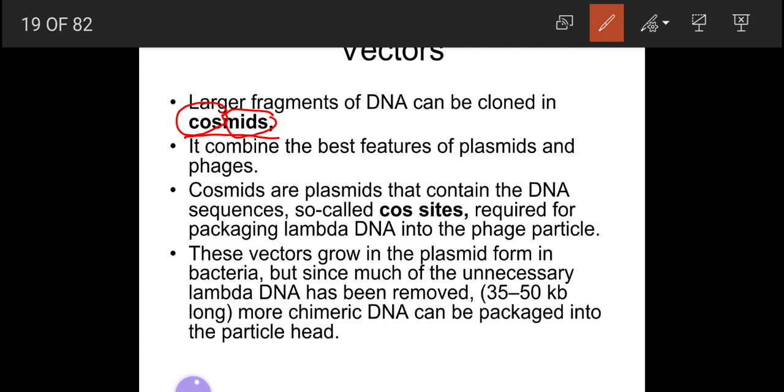These vectors grow in the plasmid form in bacteria, but since much of the unnecessary lambda DNA, about 35 to 50 kb long, has been removed, more chimeric DNA can be packaged into the particle head. So longer DNA can be ligated.